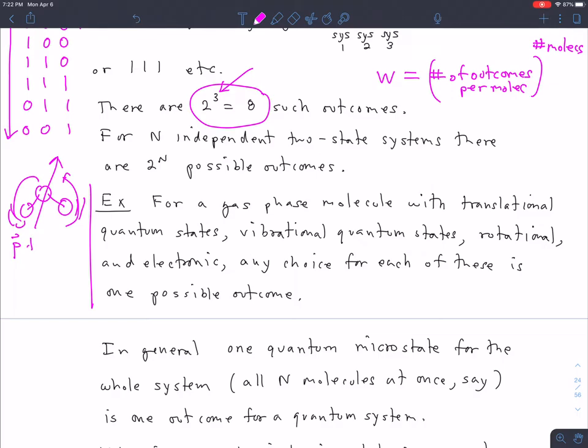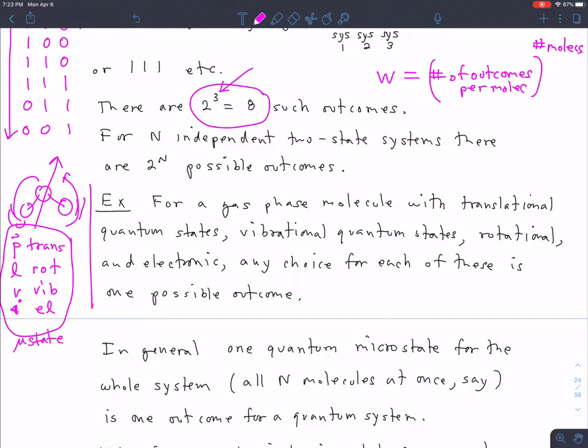For the translations, there's momentum, and I gotta specify that momentum. For rotations, there's angular momentum quantum numbers. For vibrations, there's vibrational quantum numbers, and then there's also electronic quantum numbers that give the electronic state of the molecule, and all of those are necessary to specify the quantum state, the microstate, for just one molecule.